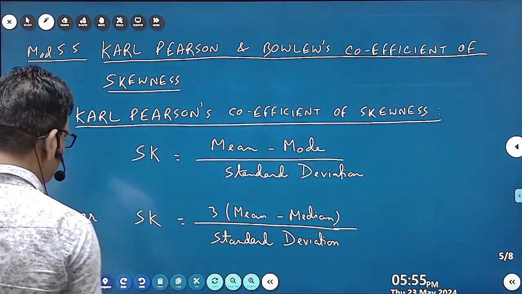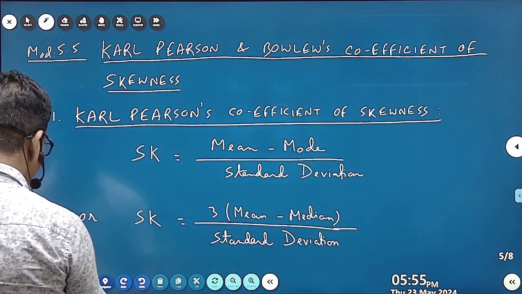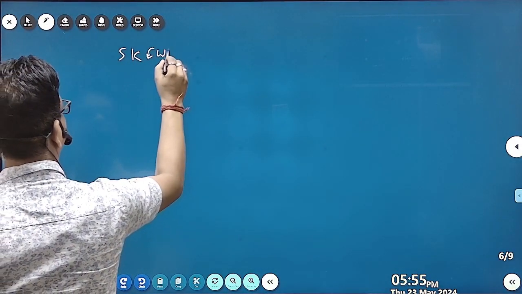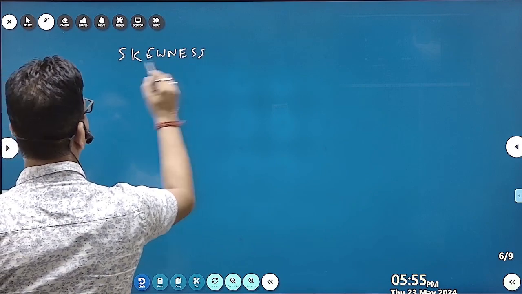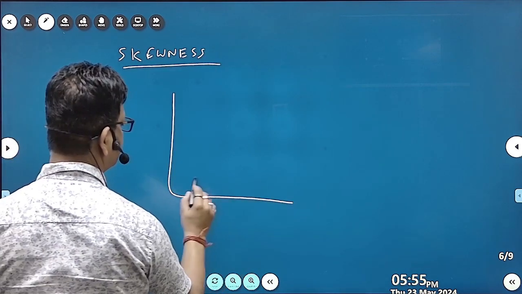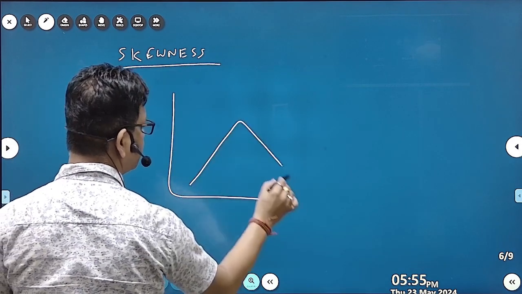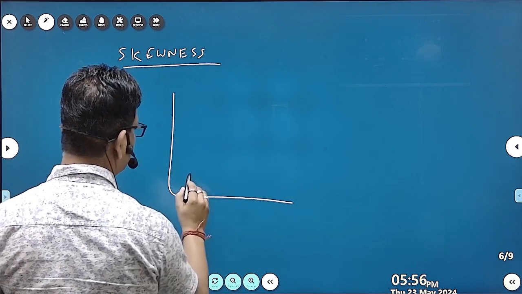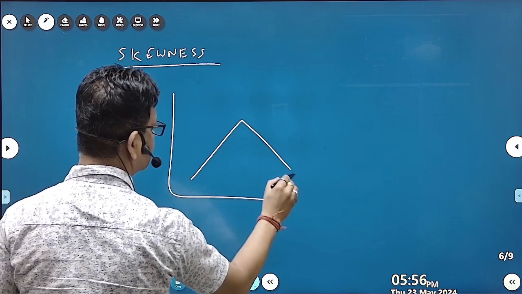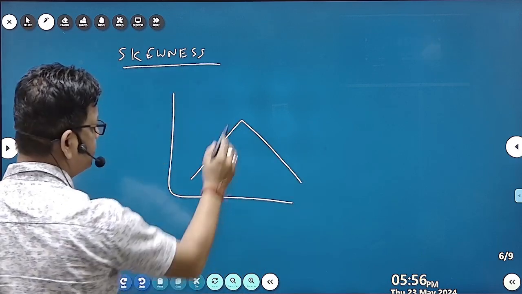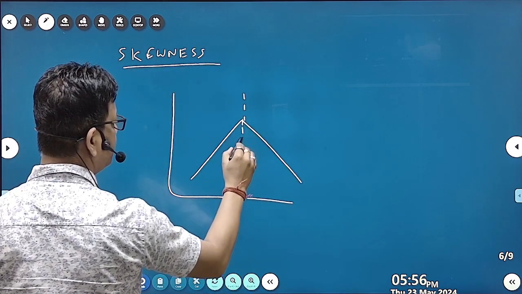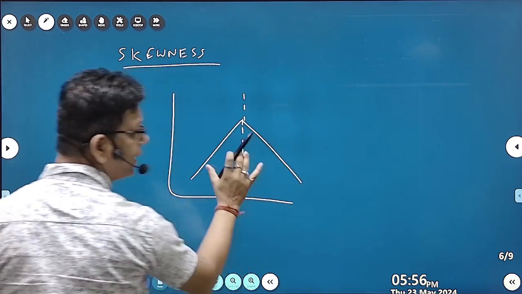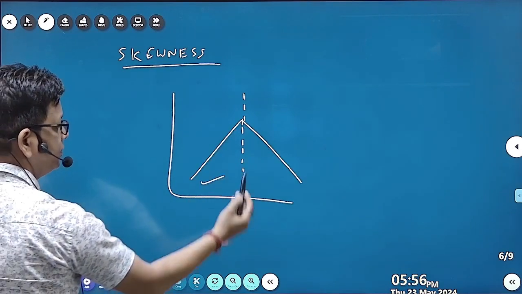The formula is new. Now, the term skewness refers to asymmetry. If I get a figure like this in a graph, it is a symmetric figure. Symmetric means if we divide it, the left portion and the right portion are identical. They look the same.